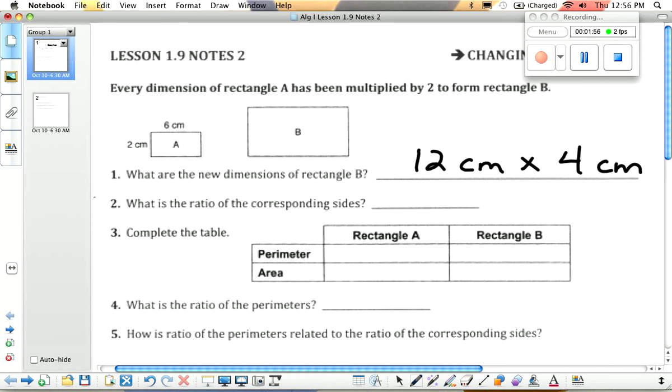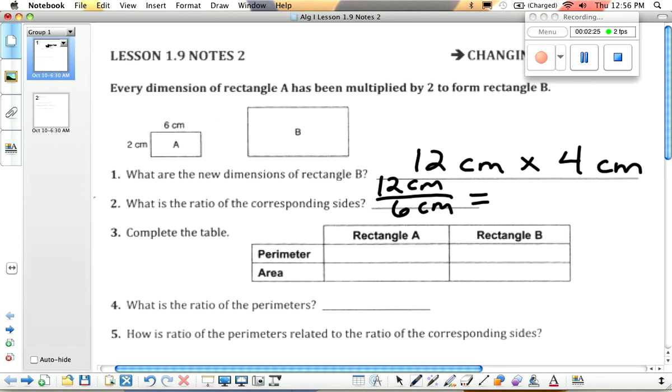What if we put 6 over 12? What is 6 over 12 simplified? 1/2. Is the bigger rectangle half as big as the original one? No, it's double, shouldn't it be? So we've got to just switch our ratio up, and we always put on top the new measure. So let's go with 12 centimeters over how many? 6 centimeters.